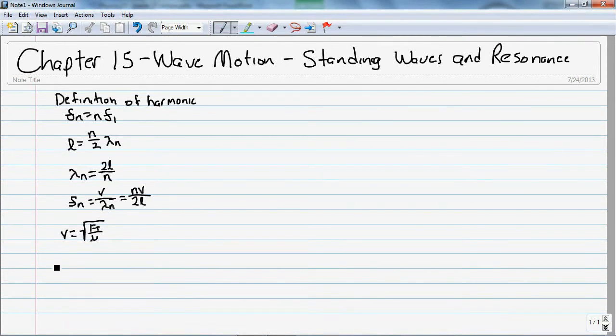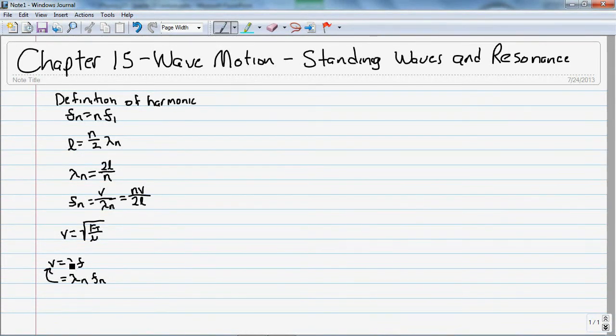And our definition of velocity still holds. Remember, we said velocity is lambda times frequency, but we can also express this in terms of harmonics. We can say it's the lambda of the nth harmonic times the frequency of the nth harmonic. And if we put our values for the frequency of the nth harmonic and our wavelength, we'll find that the relationship still holds.